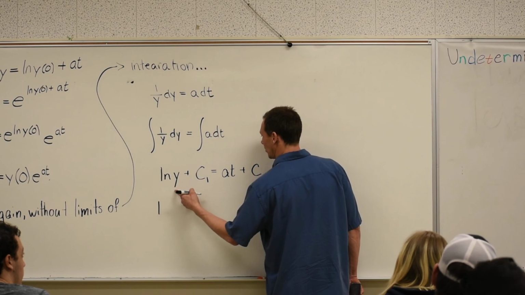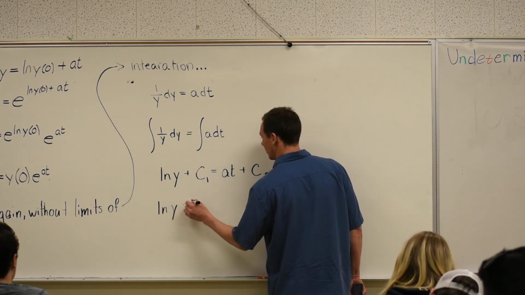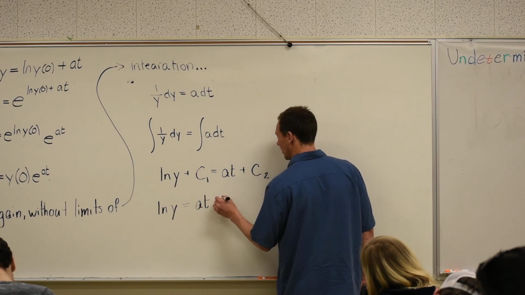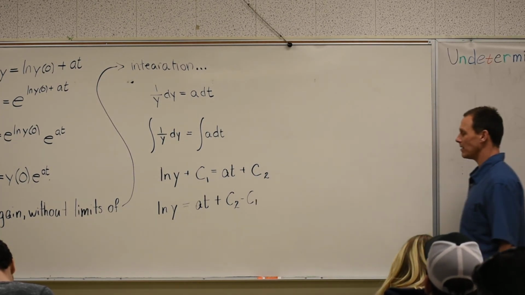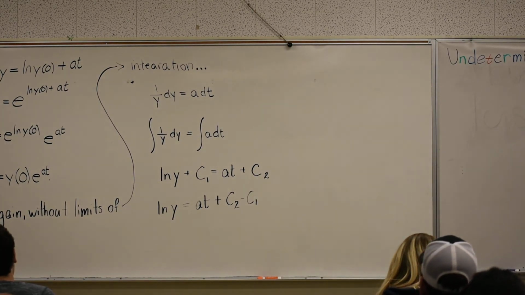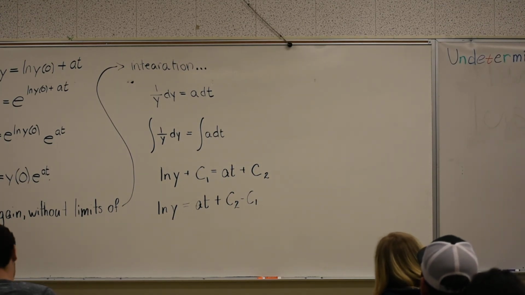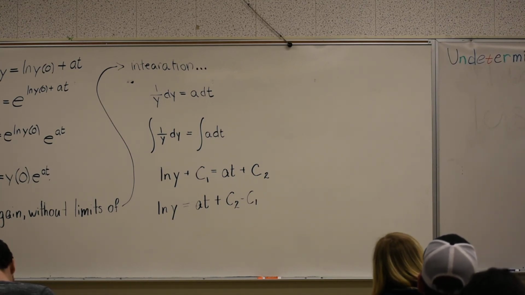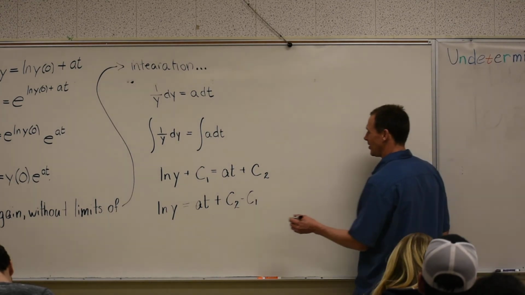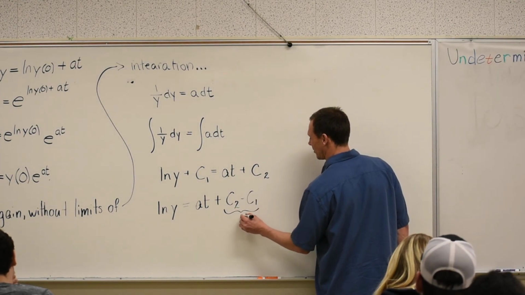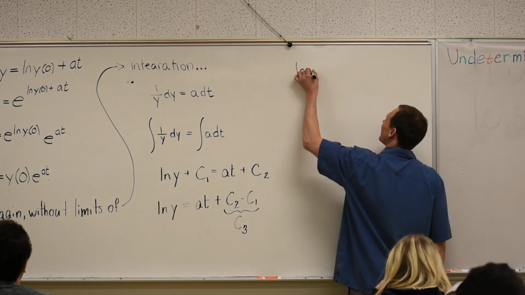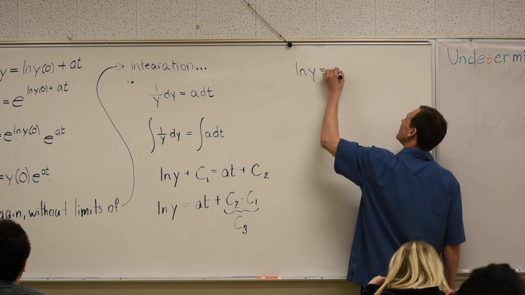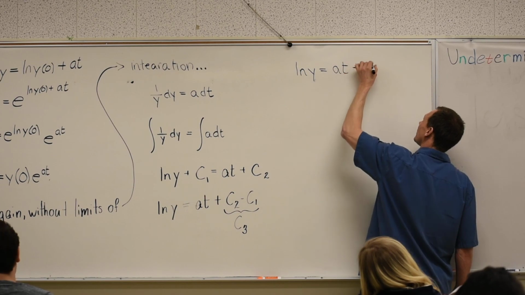We're still solving for y, so the natural log of y equals at plus c2 minus c1. But it gets even better. c2 minus c1 is just another constant. And so what we do is we say, all right, let's just clean that up and we'll just call that c3. So now I have the natural log of y equals at plus c3.